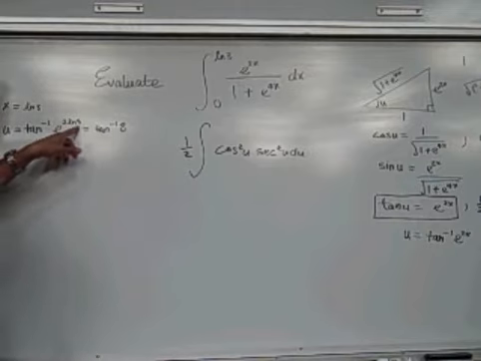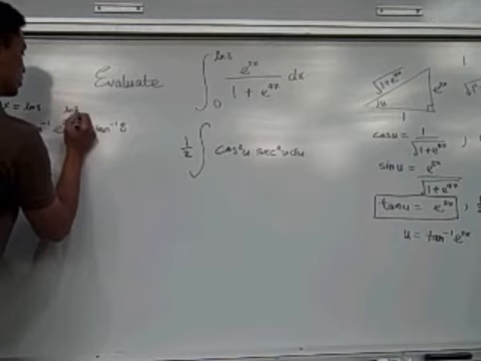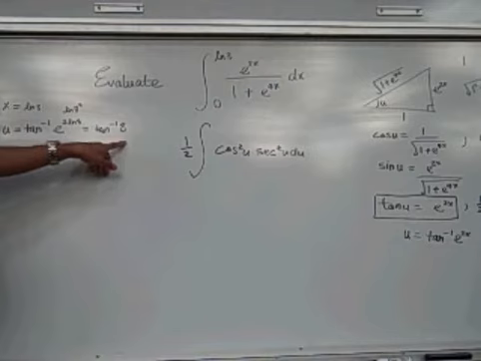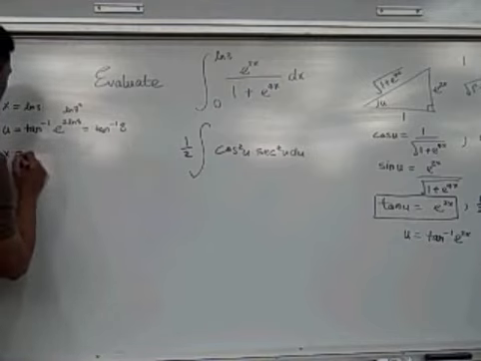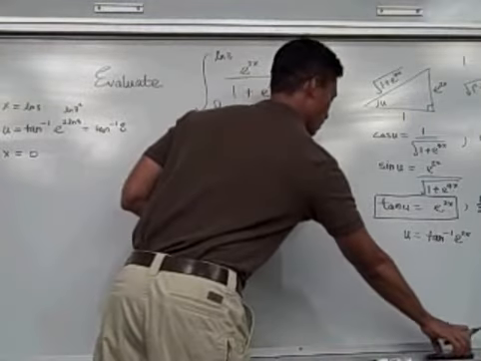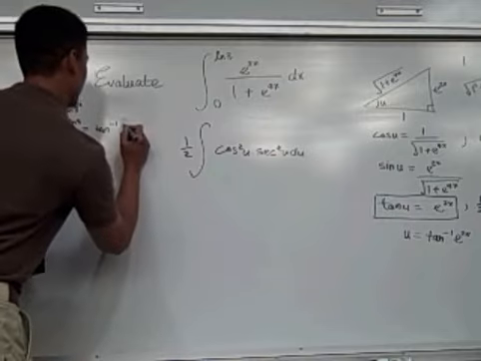Because 2 ln of 3 is ln of 3 squared, and the e and ln cancel to give you 3 squared, which is 9. Arctangent of 9.